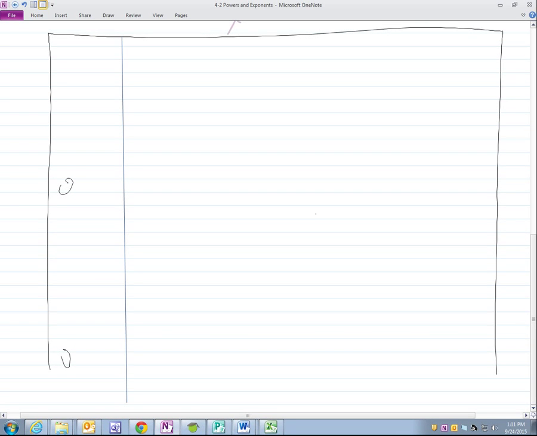So you have your paper there that kind of looks like that, right? This is how I want you to label your papers.